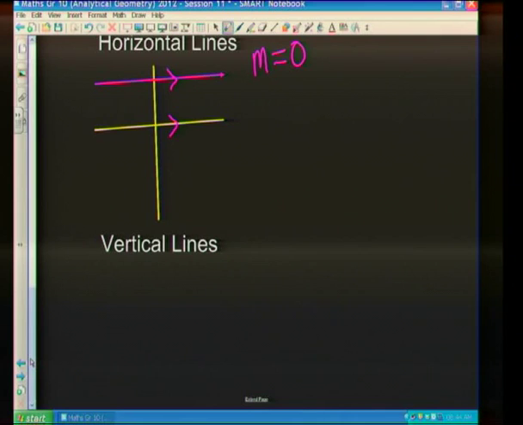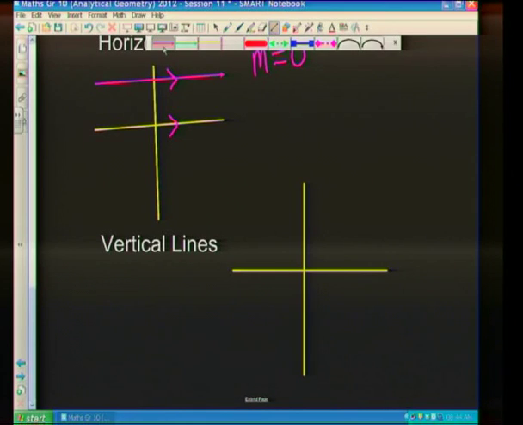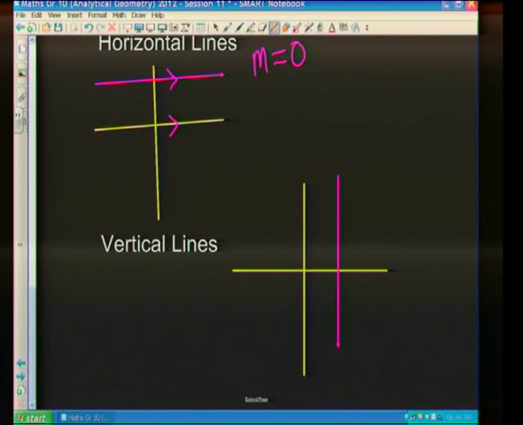And then we have vertical lines. Let's talk about vertical lines quickly. Again, I'm making a Cartesian plane. A vertical line is a line that's parallel to the y-axis, and the gradient of a vertical line is undefined.